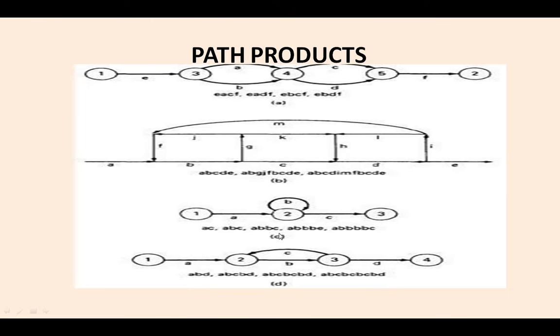These are the path products or path segments in graph C. Now coming to graph D: ACD, ABD, ABCD, ABCBD, ABCBCD. Similarly here ABCB, where the loop is there, ABCBCBD. Like that, we can have multiple path segments in the path products.